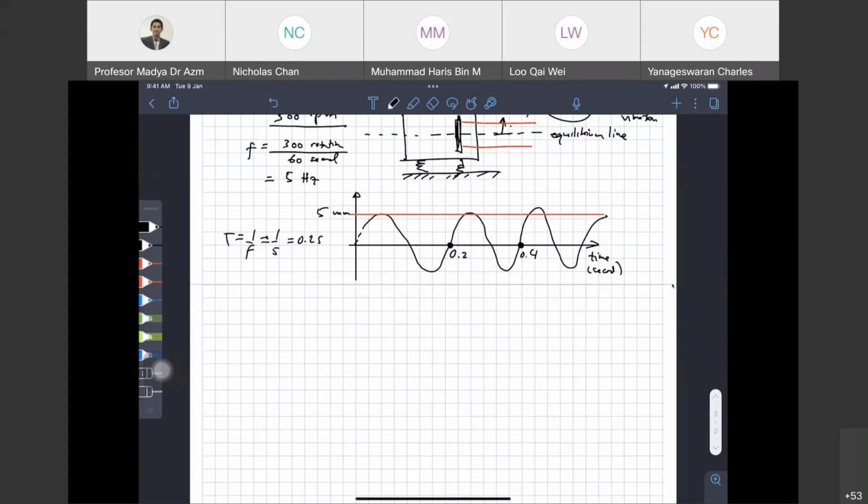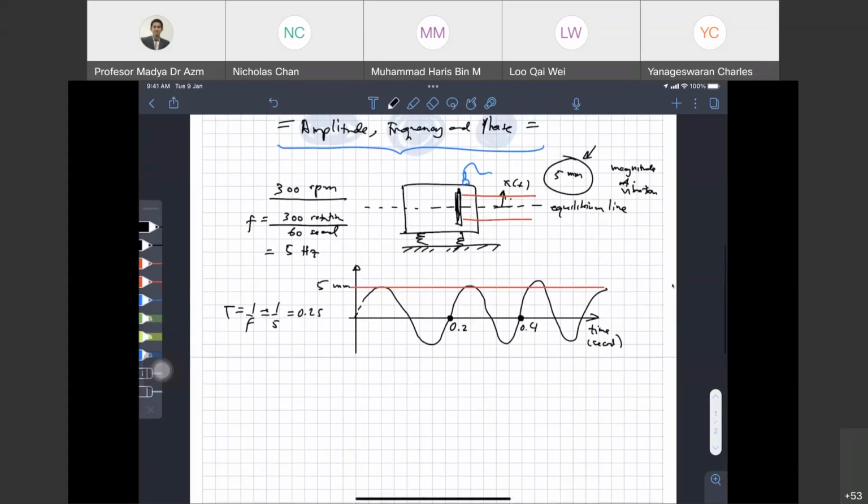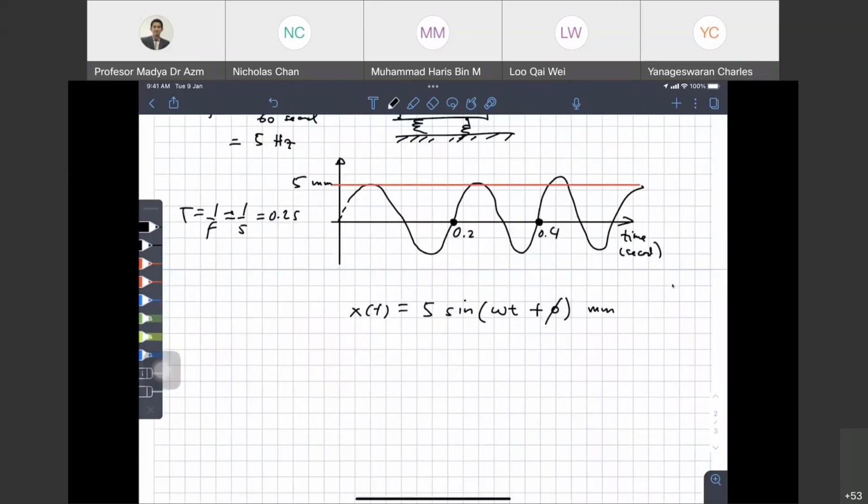All right. So in equations, if this one is x(t), you can write down 5 sine omega t plus the phase, in millimeter. Omega is 2 pi f, and f equals 5, so that will be 10 pi.